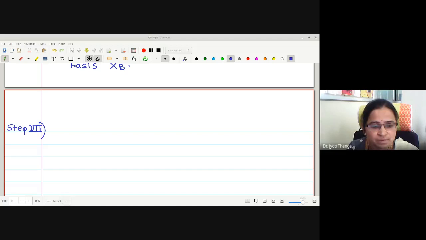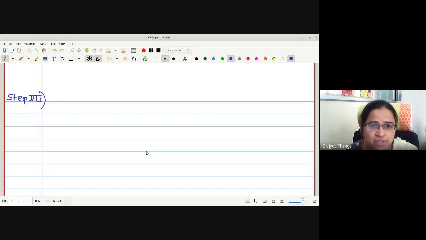Next step: now we are going to introduce one variable in the basis. The number of basic variables should not change. Therefore, if one variable is introduced, one we have to remove, so that the total number of basic variables remains the same.